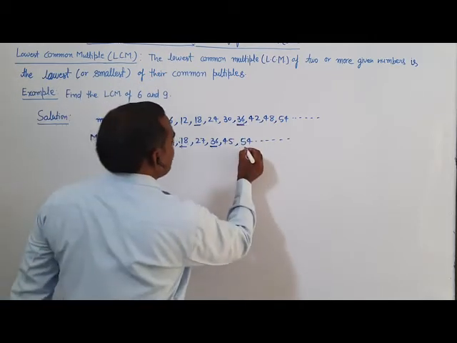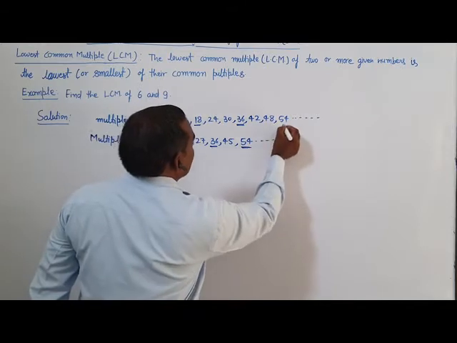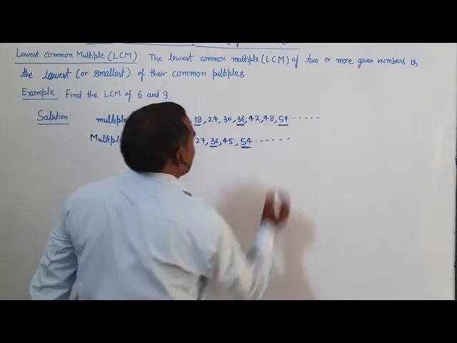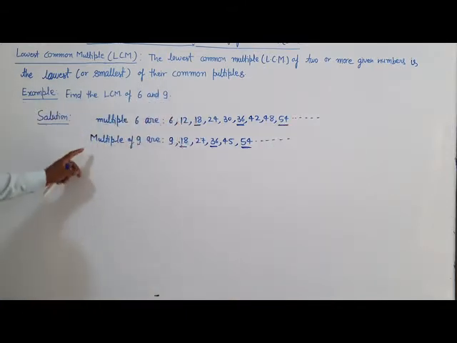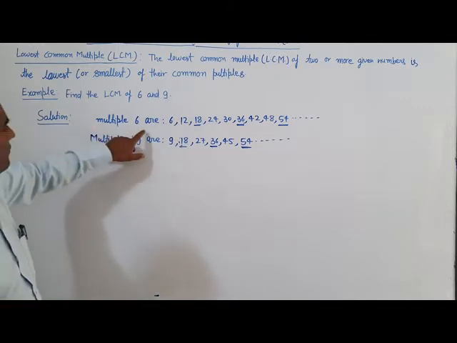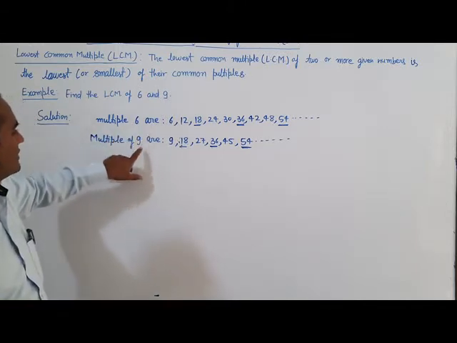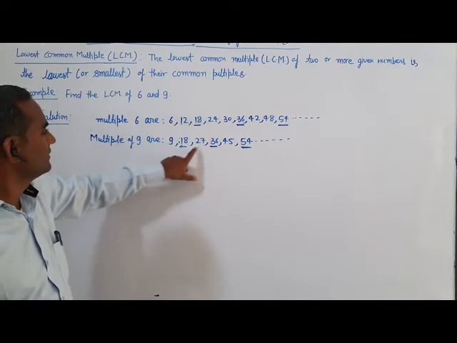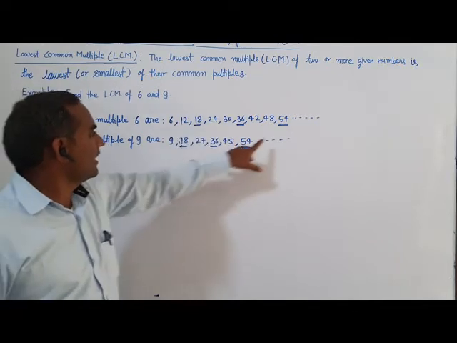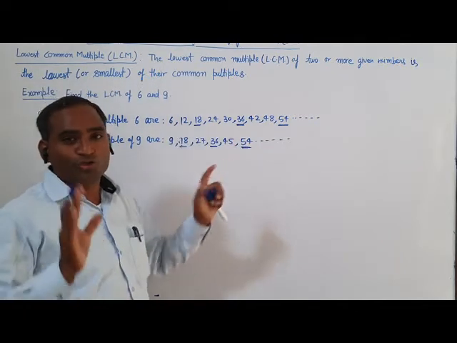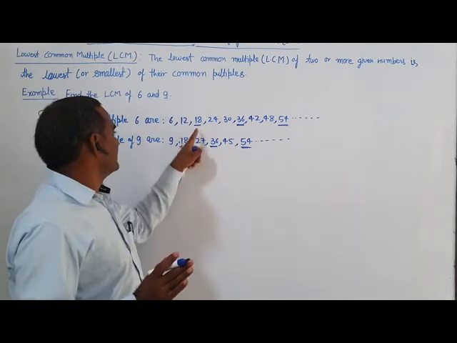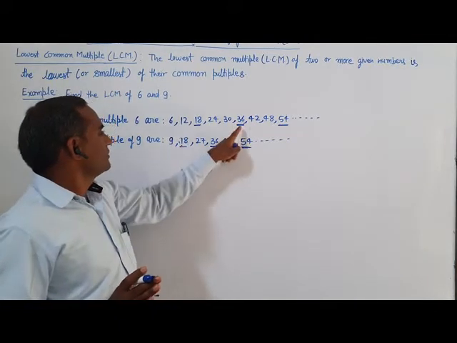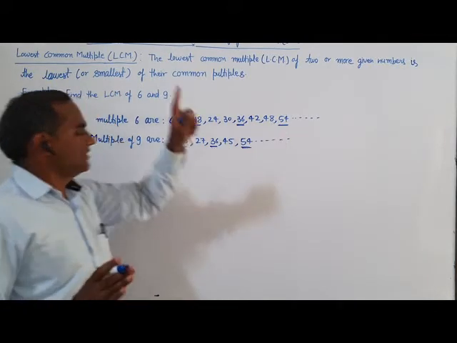The third common multiple is 54. So we see that the common multiples of 6 and 9 are 18, 36 and 54. The multiples that are found in both are 18, 36 and 54.